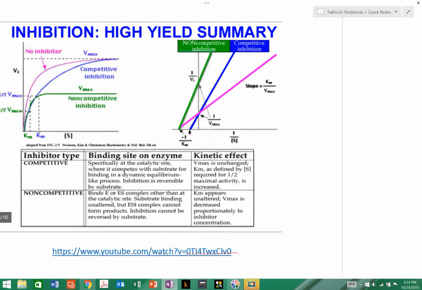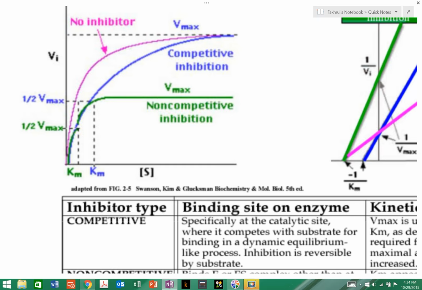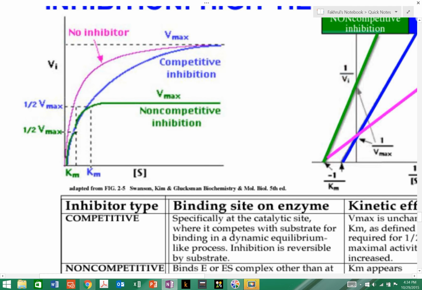Now I want you to review inhibition, what happens in case of competitive and non-competitive inhibition. In biochemistry, I guess Dr. Stoll or somebody has taught you this. Here there is no inhibitor, just drug and enzyme binding. This one is showing no inhibitor.